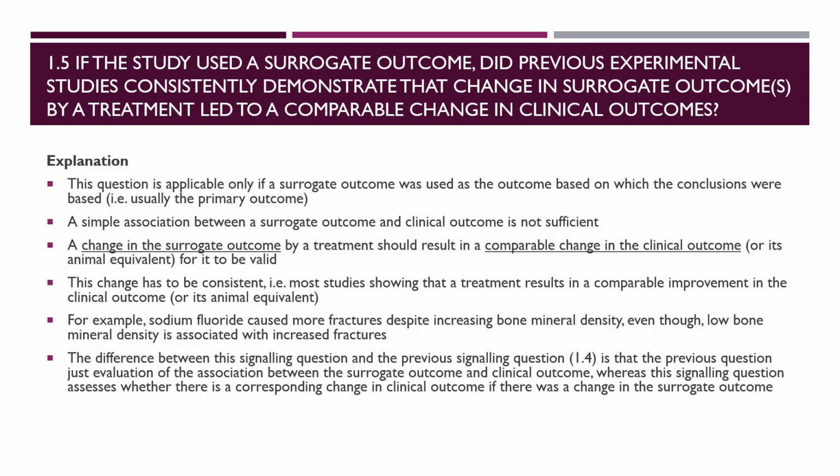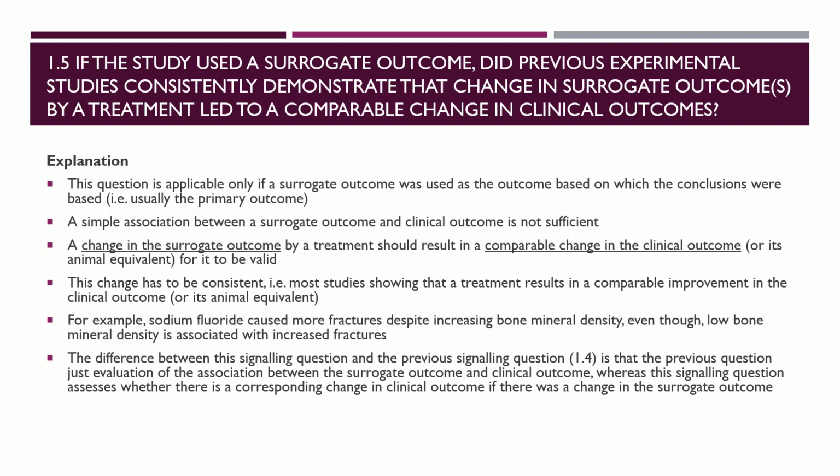But in reality, what happened was sodium fluoride caused more fractures despite increasing bone mineral density, even though there was an inverse relationship between bone mineral density and fractures. Even though that relationship existed, simply increasing bone mineral density using a drug actually resulted in more fractures, not less fractures.